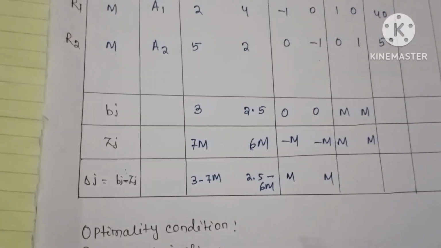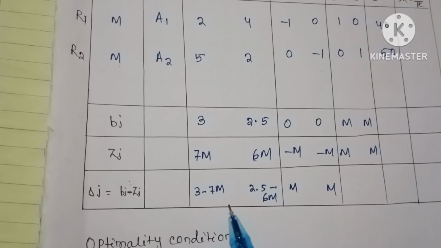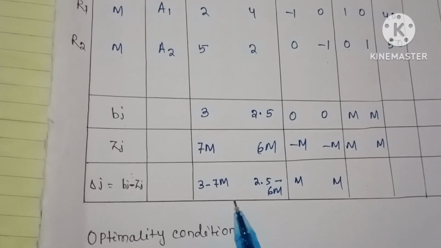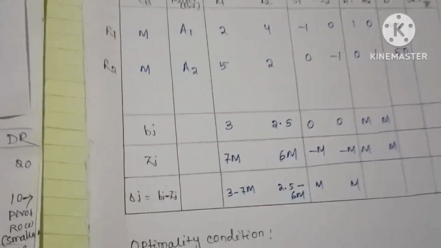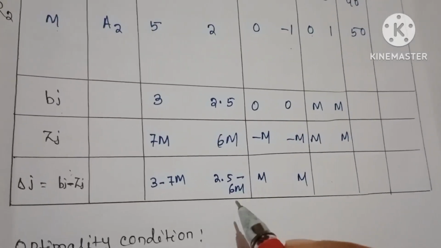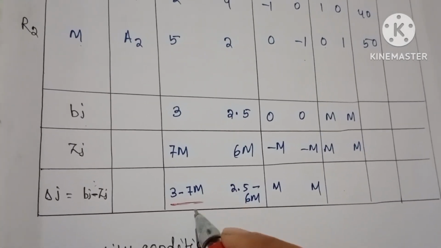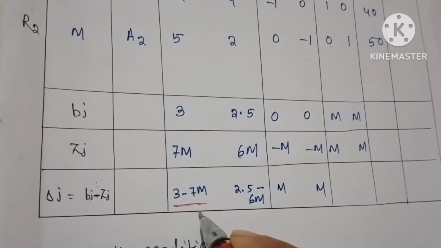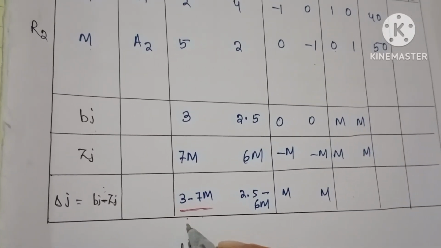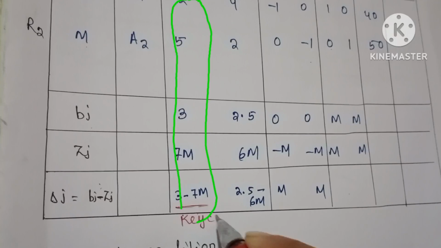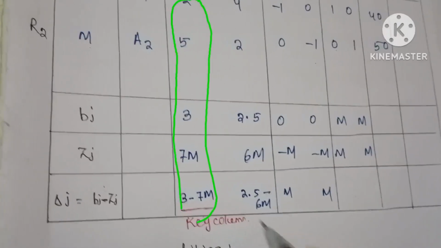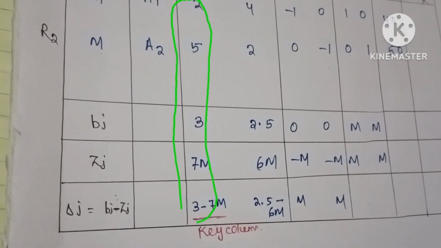Out of these, which one is the largest negative magnitude? See, this value is your largest negative magnitude, which decides your key column, or your pivot column.